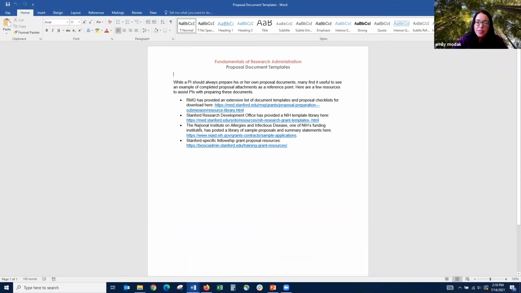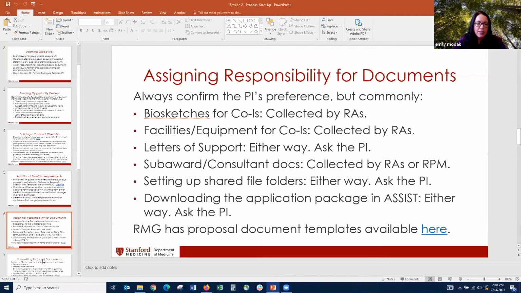The National Institute of Allergy and Infectious Diseases, that's Dr. Fauci's institute, actually has whole sample applications posted, and summary statements, so you can see how reviewers look at the applications. And then there are fellowship grant proposal resources also on the Biosciences website. So a lot of templates out there to help your PI if they ask for help on specific documents.